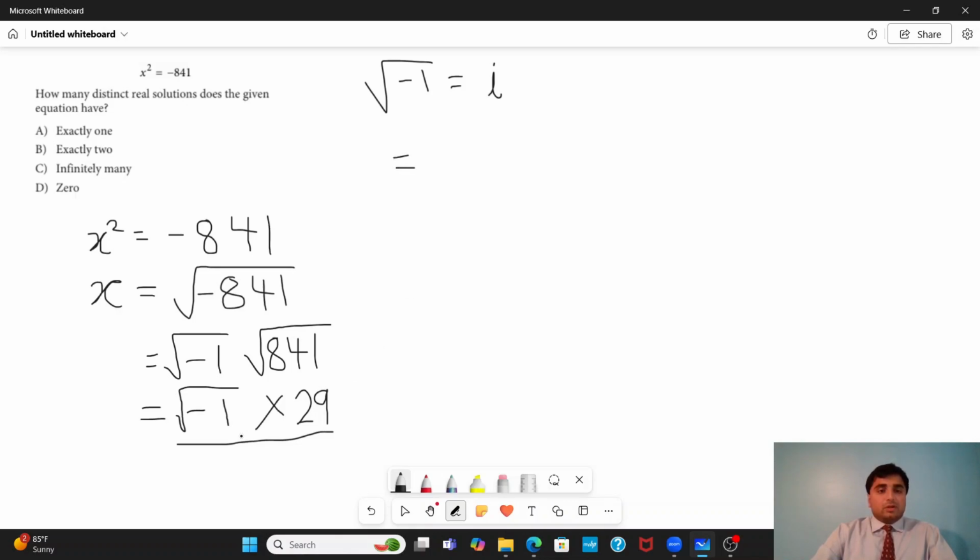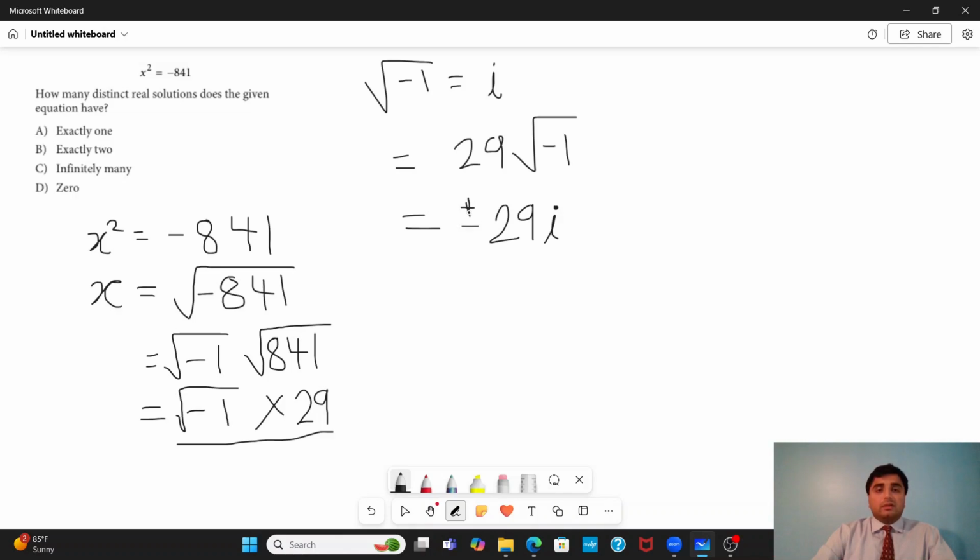So the square root of negative 1 multiplied by 29 equals 29 times the square root of negative 1, which is equal to 29i. So the square root of negative 841 is equal to 29i, and it's plus or minus.